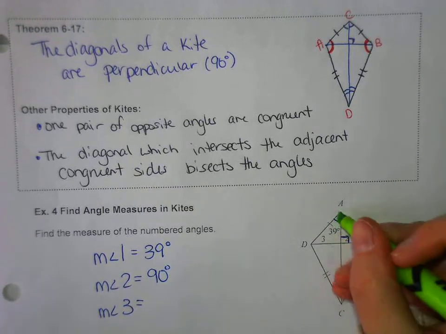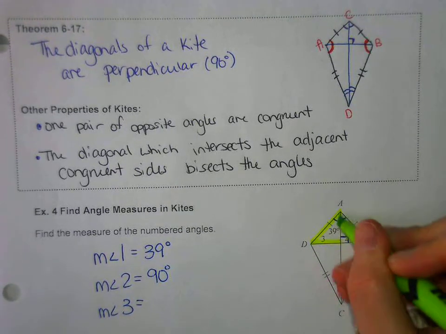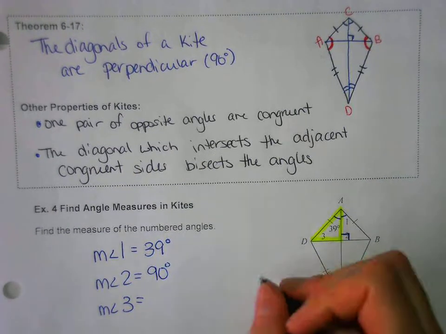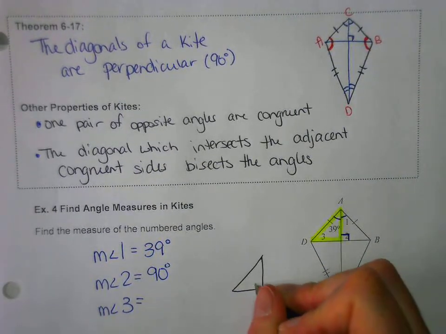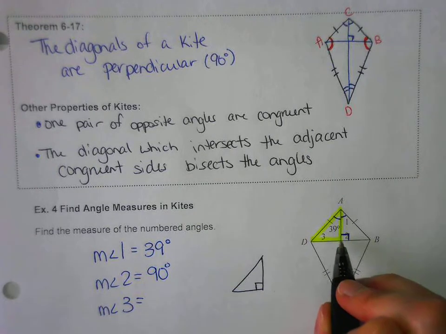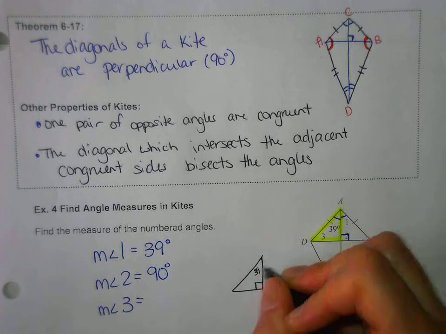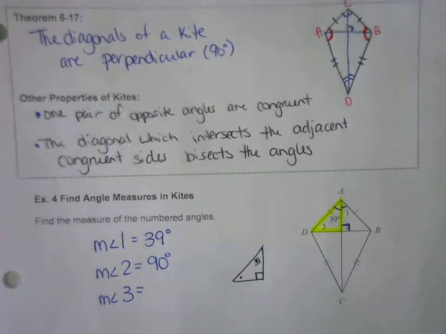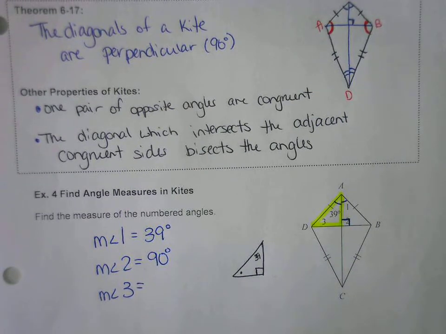So if we take a look right here, we end up with this little triangle based off of our two diagonals. In this triangle, this angle is 90 degrees because, remember, they intersect and they become perpendicular. This one's 39, and we are trying to find the measure of angle 3. We know that in a triangle, three angles add together to be 180.